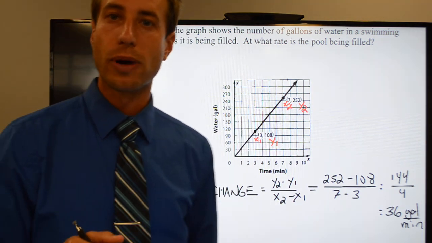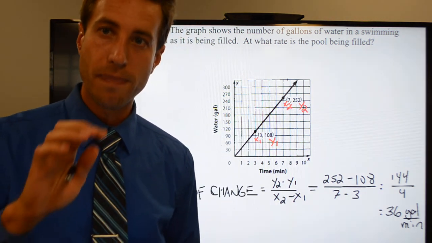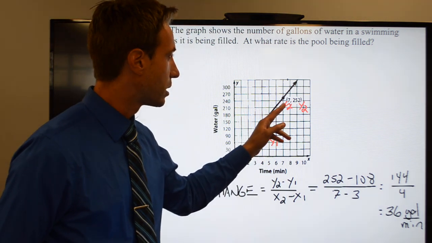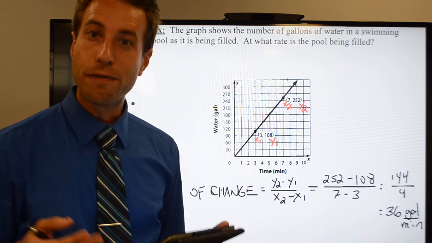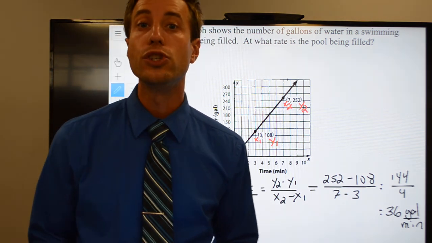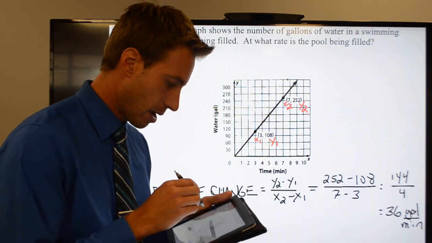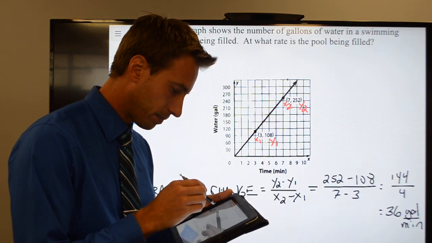One last thing I want to point out here to you, and you should remember from Algebra 1, is this. I chose this to be x1, y1, this to be x2, y2. If you switch that, would you get a different answer? Well, let's find out. Let me go ahead and switch these.